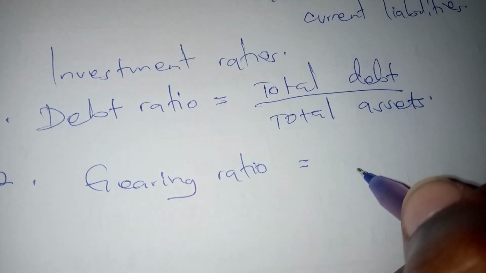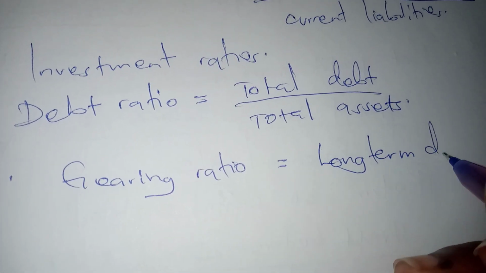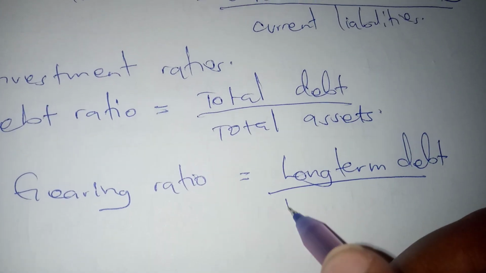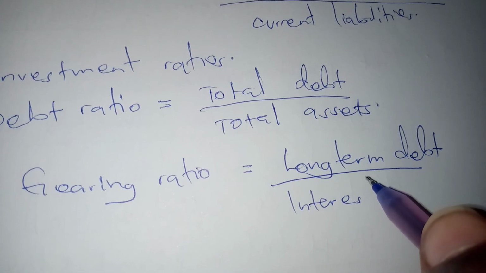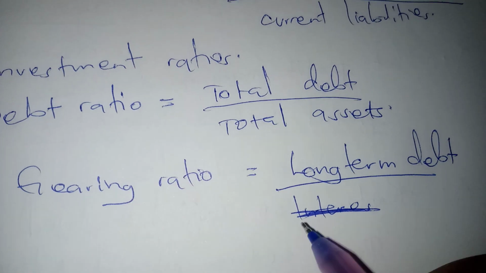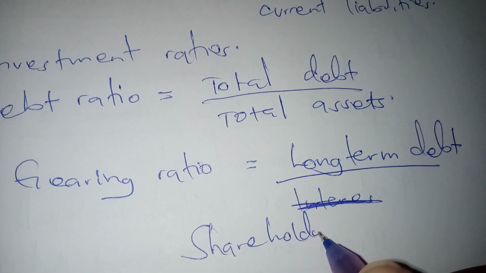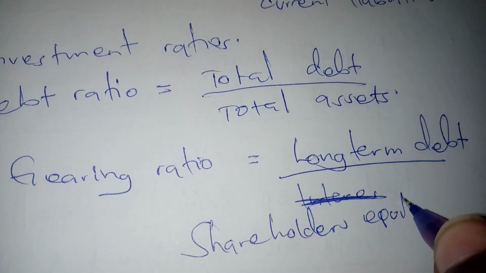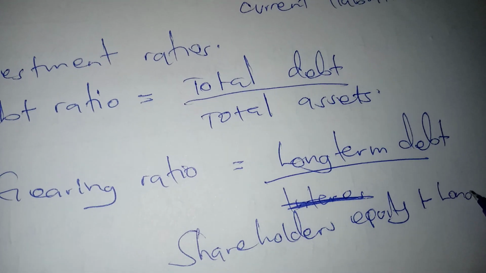The formula here is long-term debt divided by shareholders' equity plus long-term debt.